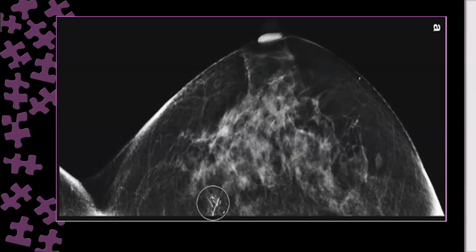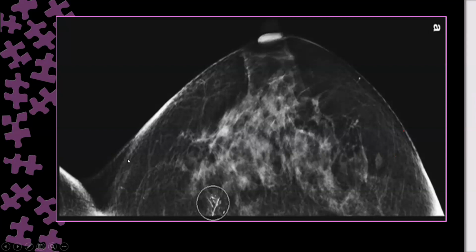Okay, if you refer it to the standard view, is it similar to MLO or similar to CC? CC, extending CC. Which CC? Extended CC, excellent. But extended laterally or extended medially? Medially. Excellent, well done. Because again, this is the valley here.